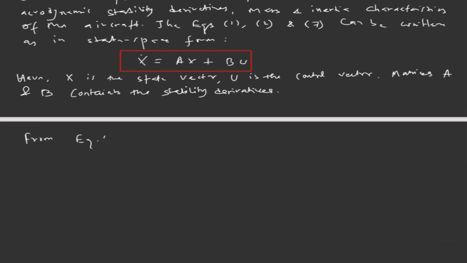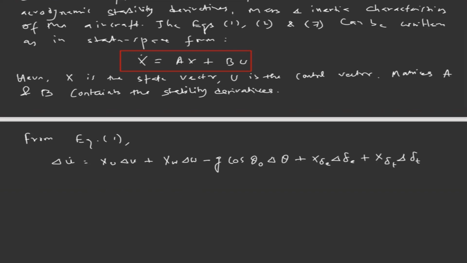We can write delta u dot equal to xu capital delta u plus xw capital delta w minus g cos theta naught capital delta theta plus x delta e delta e plus x delta t delta t.